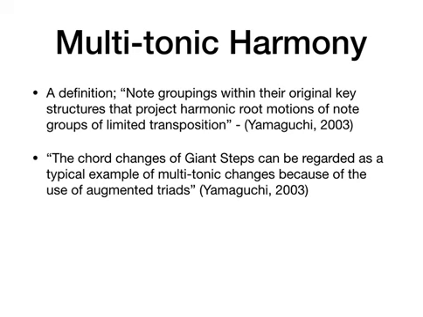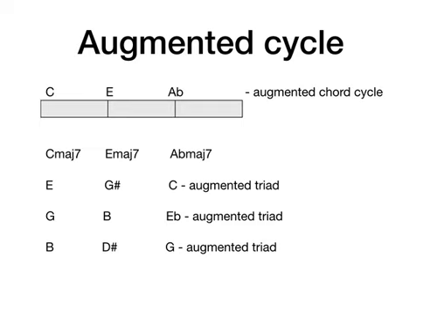definition is saying. So first of all, if we look, we'll take an augmented cycle. So as we can see here, we've got an octave that's divided into 3 parts. Okay, so this would be considered a note grouping, these three notes would be considered a note grouping of limited transposition.